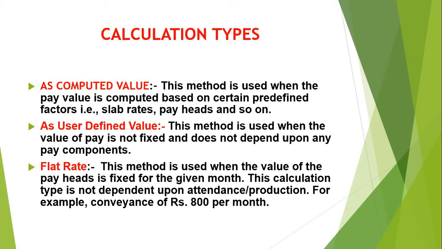But 800 is not for all employees, it depends upon the nature of the job. For example, CEO, cashier, clerk, HR manager, HR admin, accounts manager, accountant. This is different for other jobs.